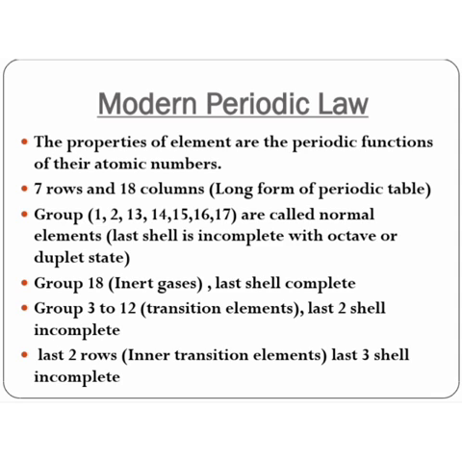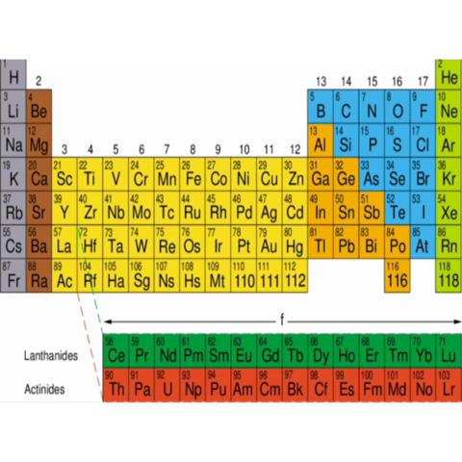Their last two shells are incomplete, which means they have failed to attain the octet or duplet state. And the last two rows that you see are said to be inner transition elements, and their last three shells are incomplete. Here you can see the modern periodic table and relate it to those points, isn't it? Yes.